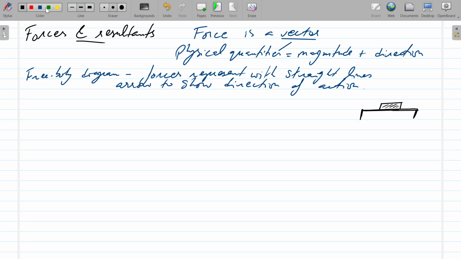The weight of an object is due to the gravitational field, in this case the gravitational field of the Earth, and that is directed towards the center of the Earth. So the weight of all objects, in this case let's say it's a book, is acting downwards. So a straight line with an arrow to show its direction. So that's the weight of the book.